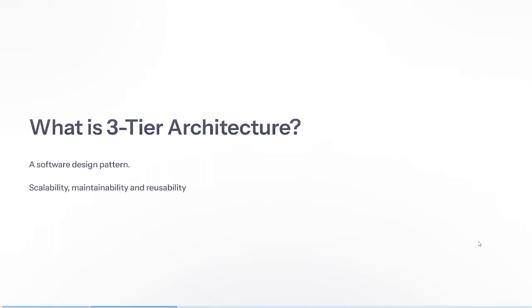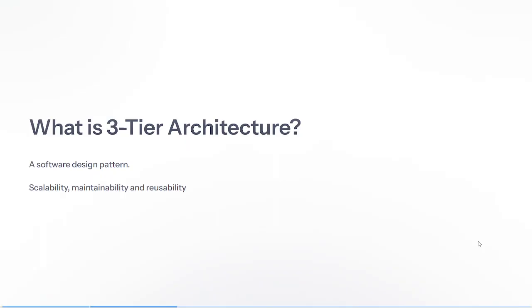It's a concept in software development. It's a software design pattern. So what does it mean? When we develop a program, usually we don't put all our system in one place.